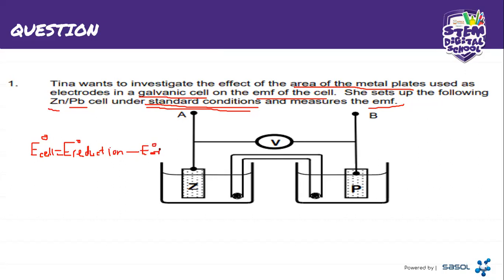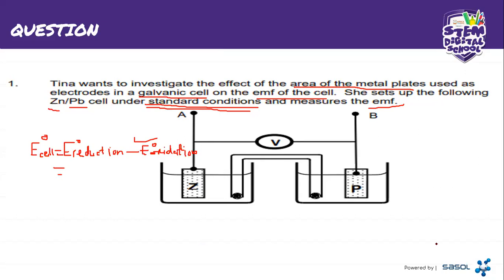I'm going to get the first mark there altogether for the correct formula. E naught cell is the EMF of the cell. E naught reduction, meaning the E naught value of the substance that undergoes reduction, minus the E naught of the substance that undergoes oxidation. Then we go to table 4B.